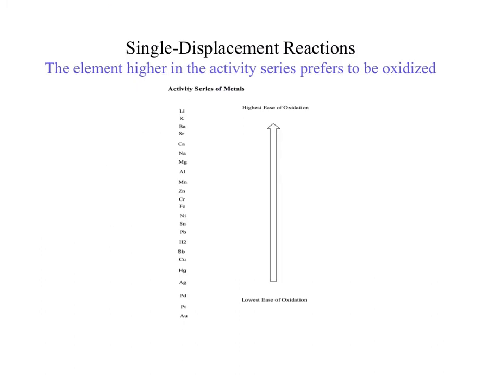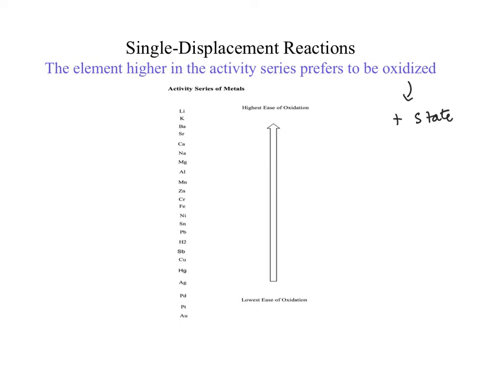Okay, so I think that's next, and that's what we're looking at here. So this is a table where you can think about these elements and their position in this table. The ones that are higher in the table have a greater tendency, when combined with one lower in the table, to be oxidized, which means in the plus state.